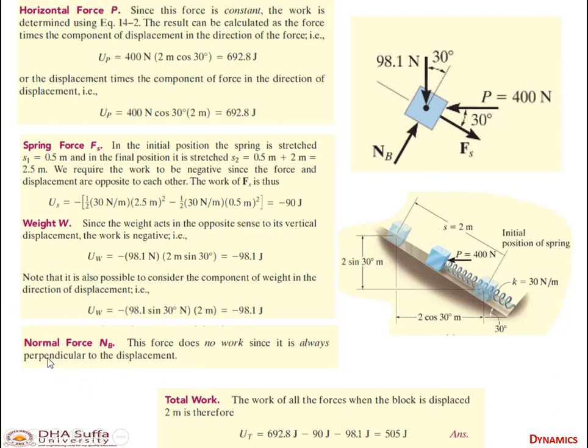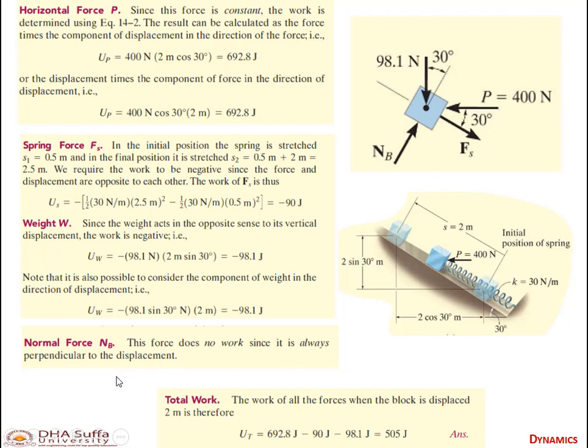The last force was the normal force, and since there is no motion along the normal direction of the plane, there is no displacement, hence there will be no work by NB. So the total work done is by the force P, which is positive, by the spring, which is negative, and by the weight, which is also negative. So the total work done on the box is 505 joules, and that is the answer.